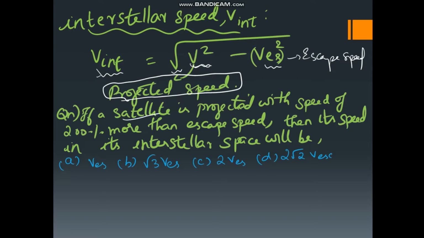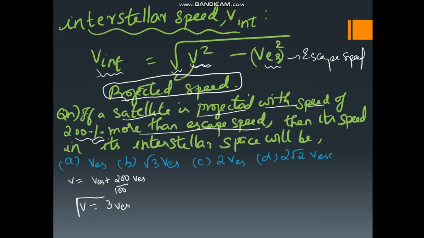If a satellite is projected with a speed 200 percent more than escape velocity. So projected speed is escape velocity plus 200 percent, so 200 by 100 times the escape speed, which is 3 V escape.